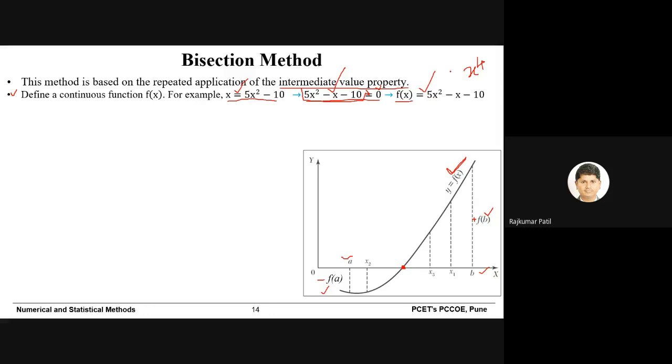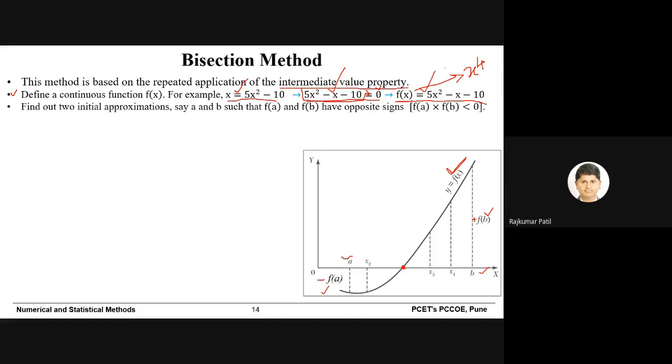If only x raised to 4 is given to you, then you just need to set f of x equal to x raised to 4. Ultimately what I'm trying to tell you is to understand in what format the equation is given to you, and convert that into f of x equal to whatever terms are there. So this is step number 1.